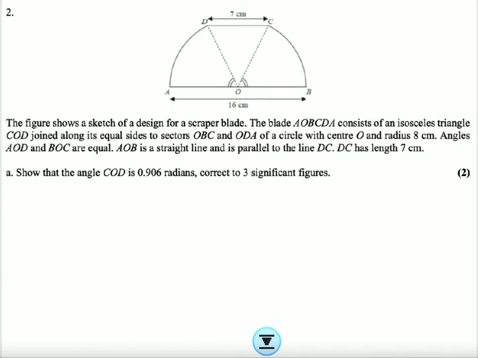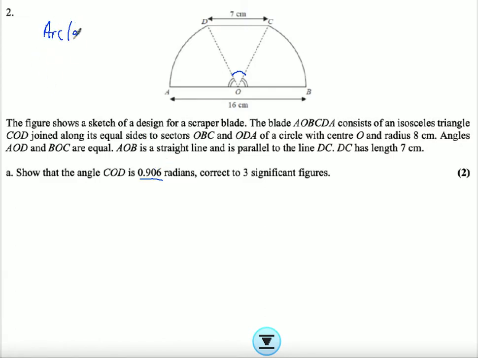So show that the angle COD, which is this one here, is 0.906 radians to 3 sig figs. Now we can of course use this in parts B and C just to show that. I'm just going to make a quick note here.